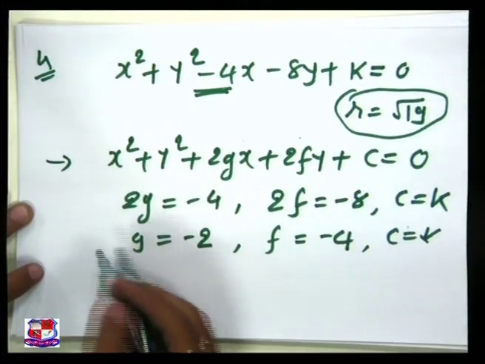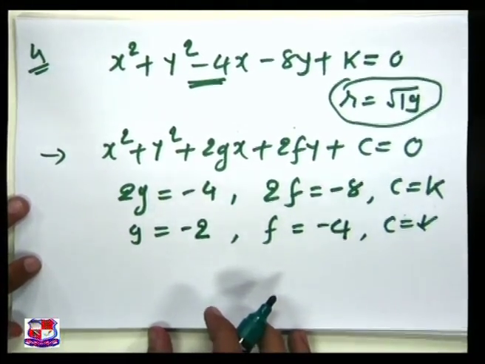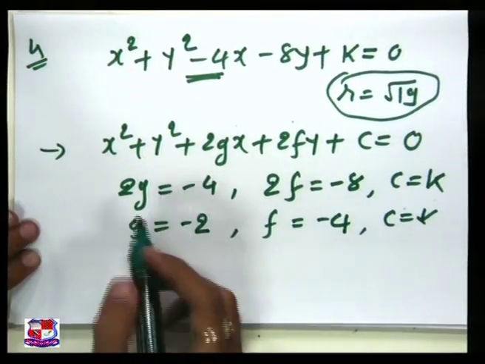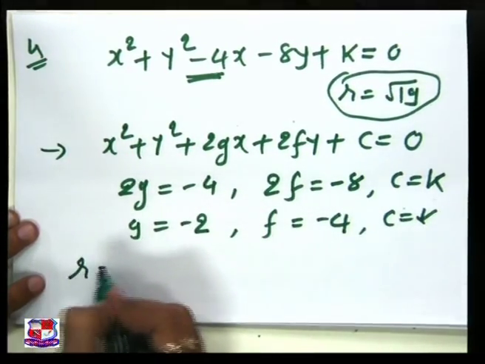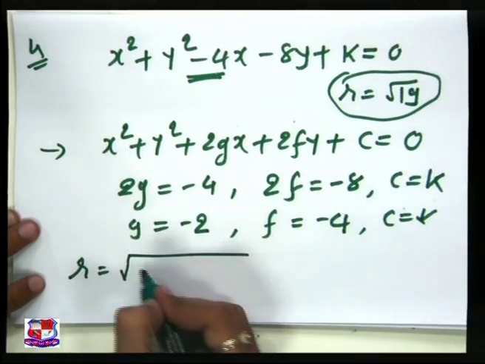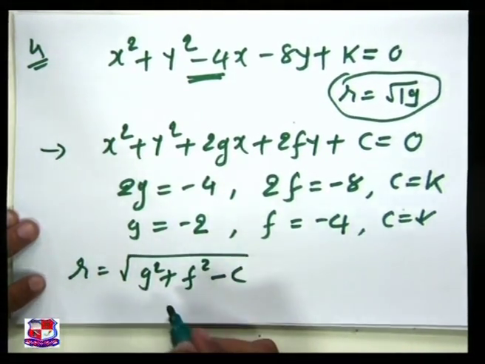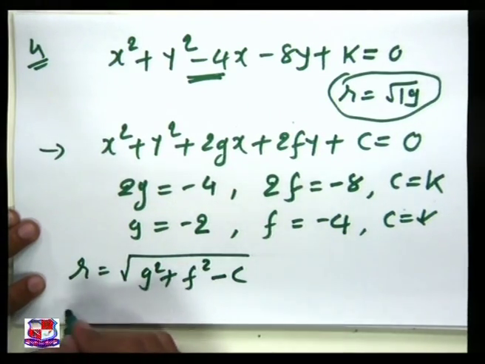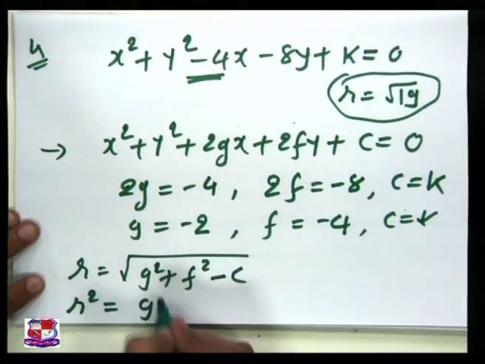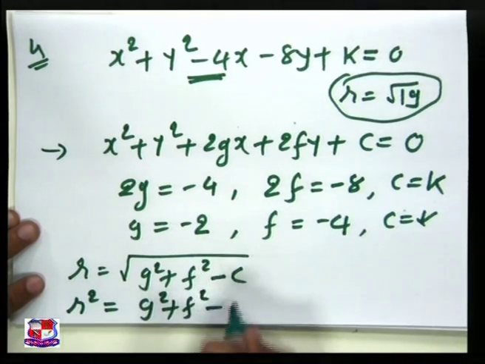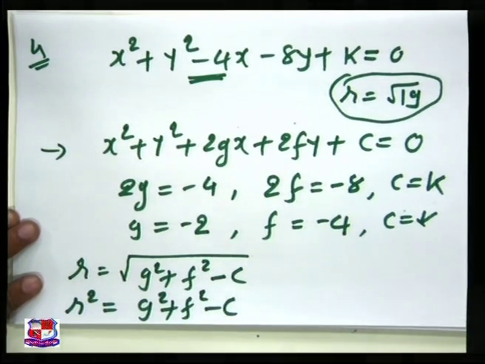So the radius of the given circle can be obtained using this data. So here r is equal to root of g square plus f square minus c, right? So r square is equal to g square plus f square minus c.